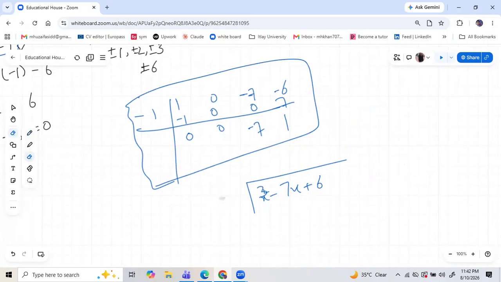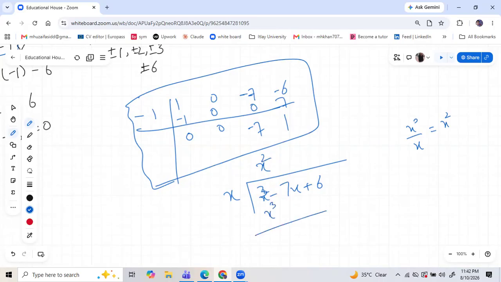You know x cubed divided by x gives us x squared. So our quotient is x squared, and when we multiply, it gives us minus 7x plus 6.